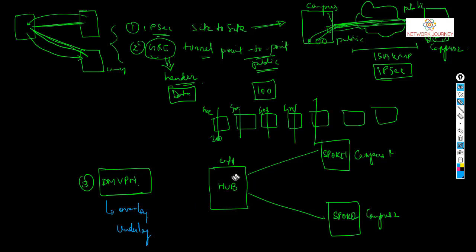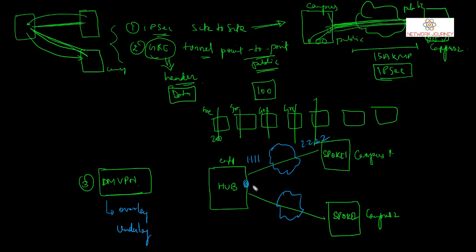That means you will have the tunnel over the ISP, which needs public IP. So let's say 1.1.1.1, 2.2.2.2, and over here the same terminating interface, so 1.1.1.1 and 3.3.3.3.